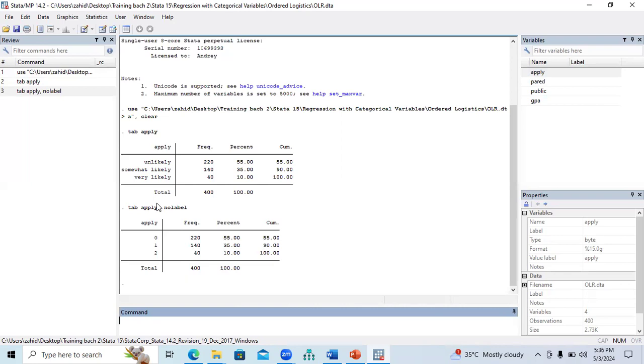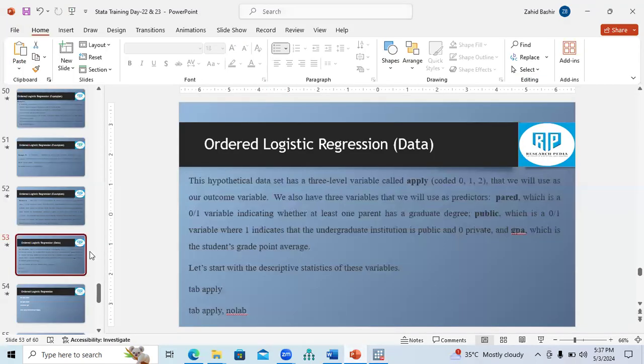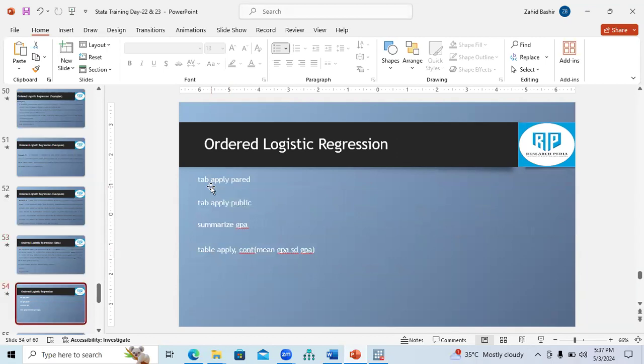Unlikely is coded by 0, somewhat likely is coded by 1, and very likely is coded by 2. So it is up to you how you would like to show the specific detail or descriptive detail of your data. The next thing that you need to see is tab apply parent education.